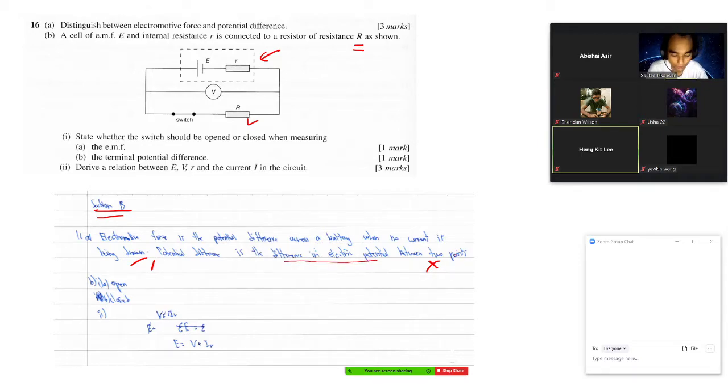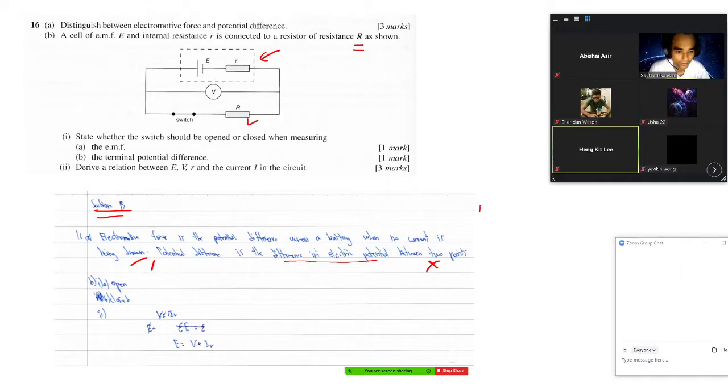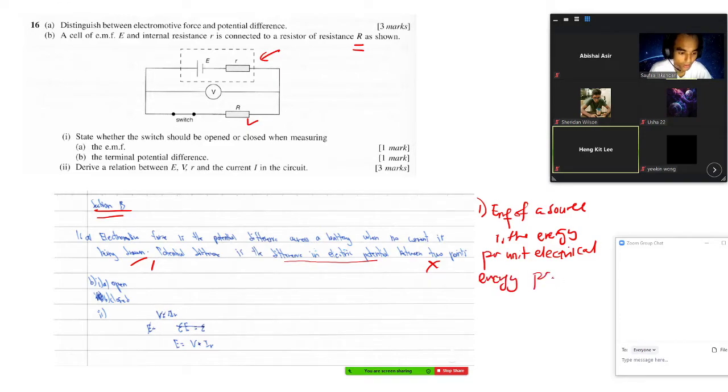Another way, if you want to answer what is EMF: in the concept of energy, the EMF of a source is the electrical energy per unit charge supplied.